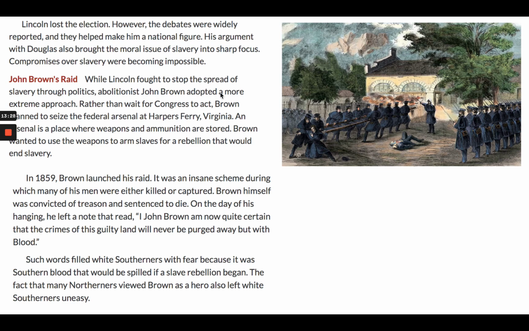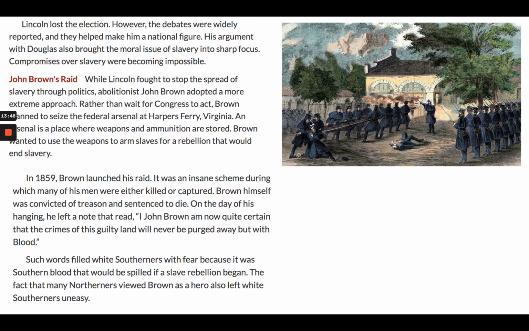An arsenal is a room, like over here, you see in this picture, where they keep a bunch of guns, ammunition, cannons, things like that. So he's going to go and capture all those. John Brown's plan is to go and capture all of those weapons from the federal government at Harper's Ferry, Virginia.